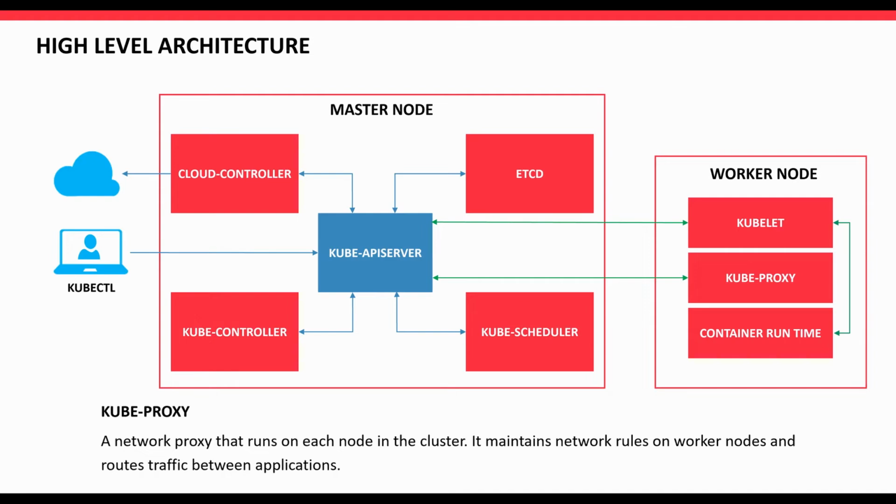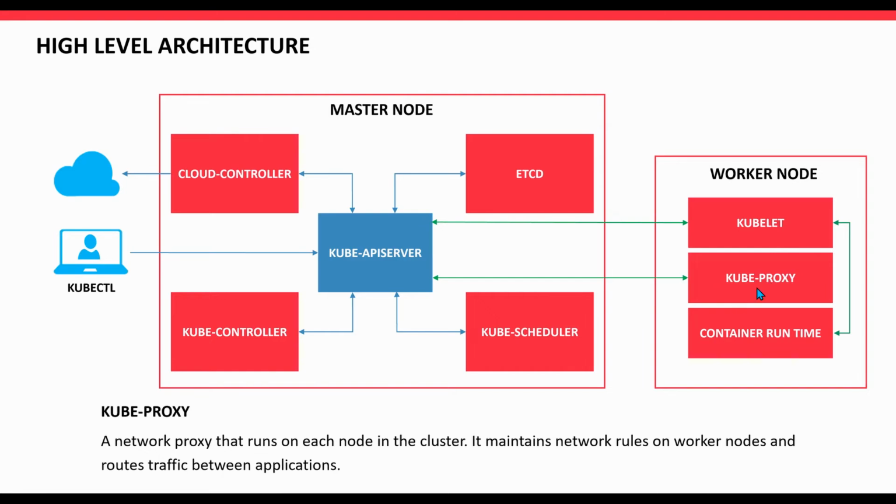Proxy. Proxy is a proxying service in every worker node. It is to load balance traffic that is destined for services through cluster IP and node port to the correct backend pods.